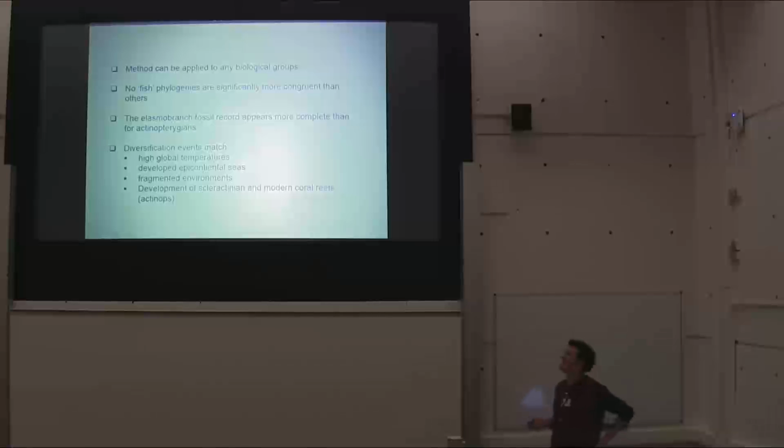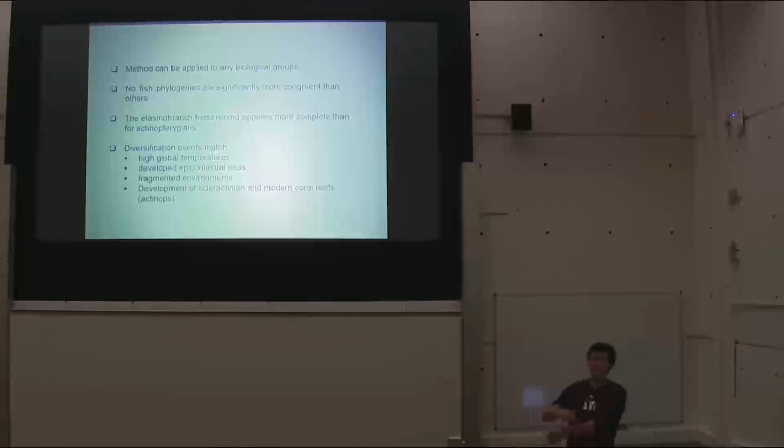All right. So, well, as a conclusion, this method can be used for any biological group as long as you have phylogenetic hypotheses and a fossil record. So we've seen that there's no fish phylogeny that can be identified as more congruent than others, and the Elasmobranchii fossil record seems more complete than for Actinopterygii.